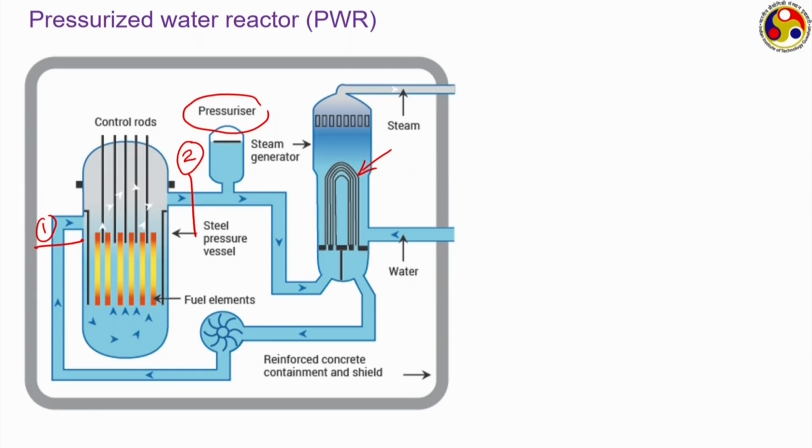Therefore, we can clearly say that in case of a pressurized water reactor, we are using water as the moderator, as the coolant and also as the working fluid. The steam which is produced in this steam generator is allowed to go through a turbine where it will give you the work output.